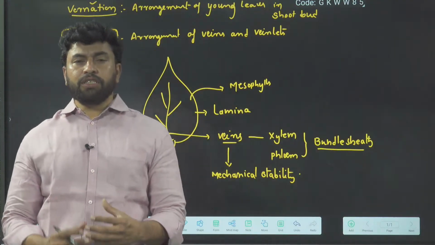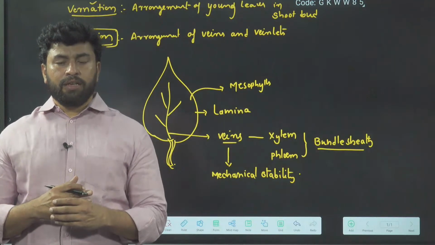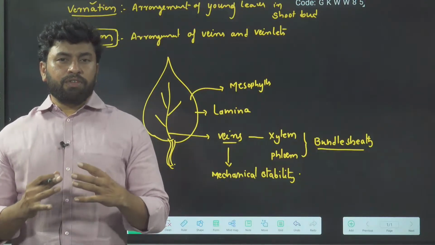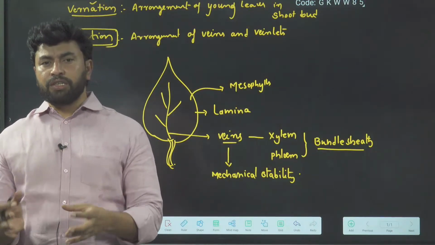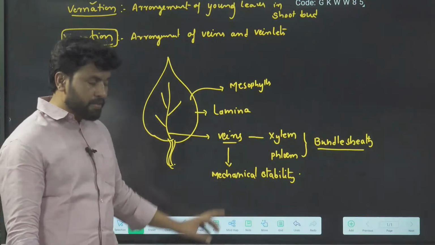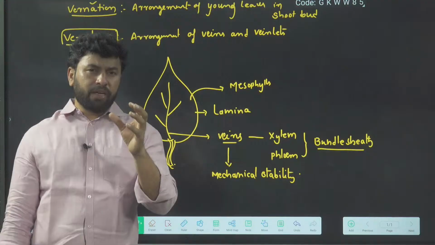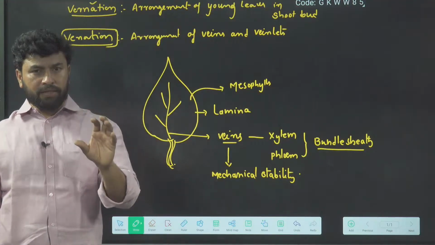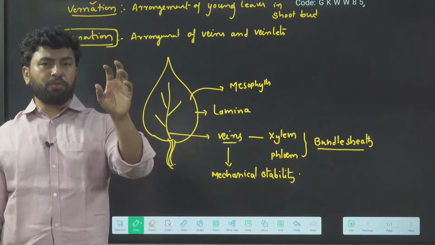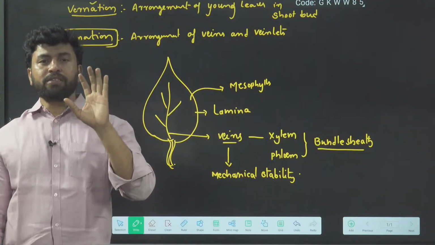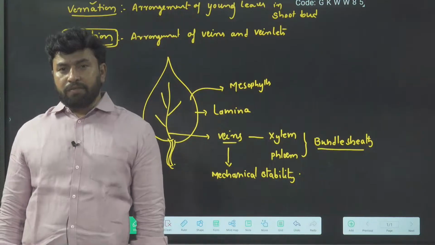Leaf, which is a soft part made up of parenchymatous cells, needs a kind of shape and orientation. The shape and orientation are developed by veins. Of course, in the leaf, veins are arranged in various patterns. Based on the pattern, the shape of the leaf also varies. Anyhow, veins are the ones providing mechanical stability to the leaf.